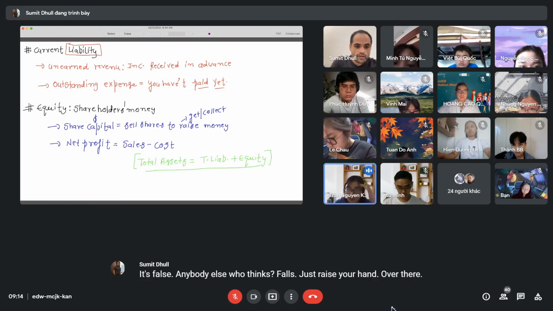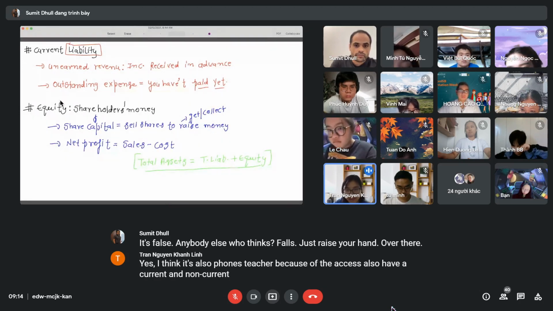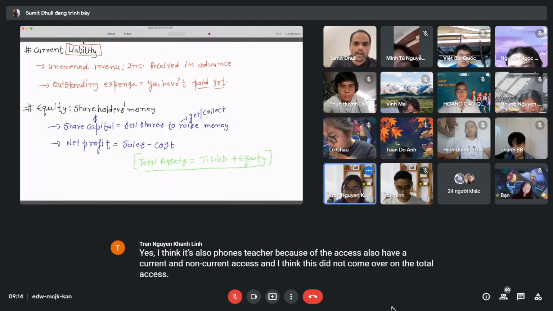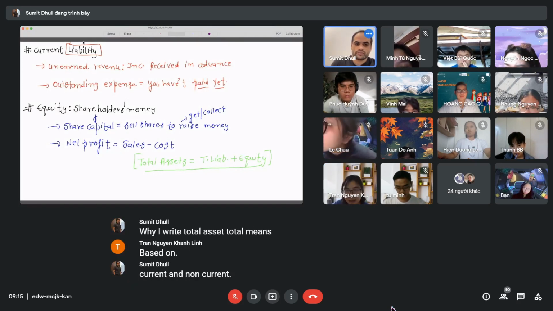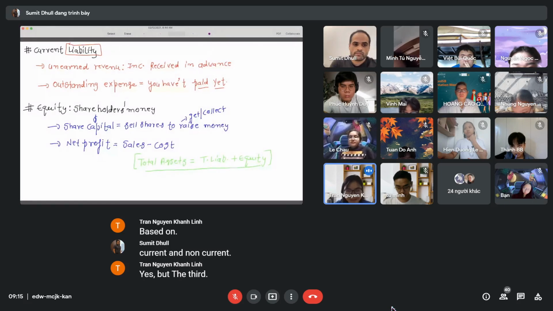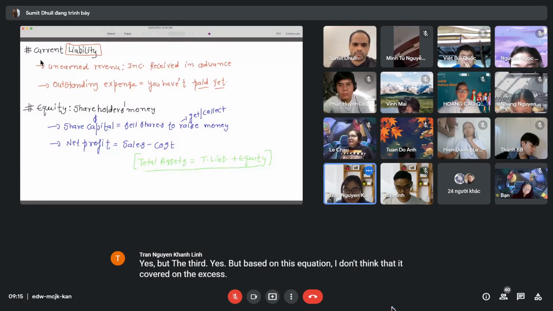Yes, you. I think it's also false, teacher, because the assets also have current and non-current assets, and I think this did not cover the total assets. Why? Based on what I wrote, total assets. Total means current and non-current. Yes, but based on this equation, I don't think it covers the assets. Why not?